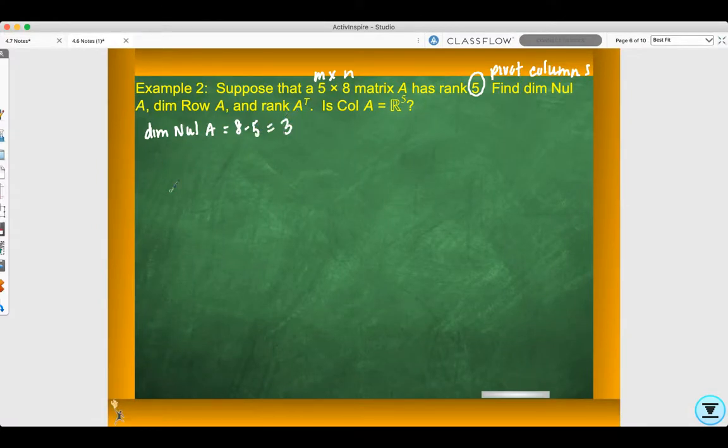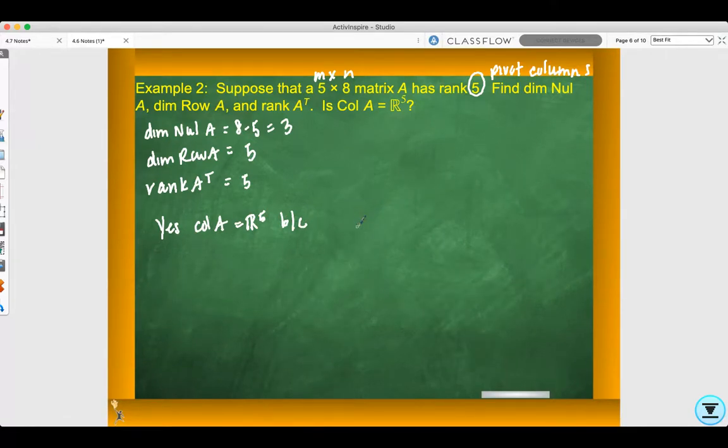The dimension of Row A equals 5 because it is equal to the rank of A. The rank of A transpose equals 5 because it's equal to the rank of A. And yes, Col A equals R5 because there are 5 pivot columns.